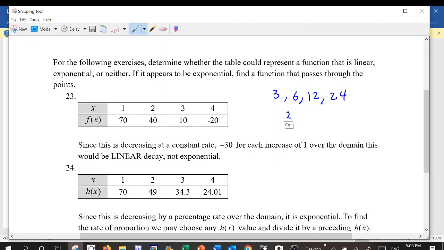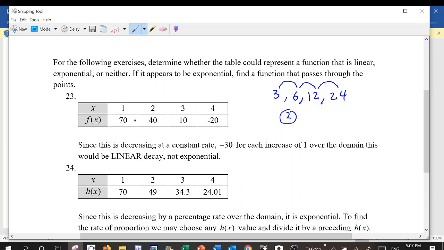To find the number you multiply by, you just divide. 6 divided by 3 is 2. 12 divided by 6 is 2. 24 divided by 12 is 2. If we divide these values and we get the same number, it looks like this is exponential. It could be exponential growth or decay, so this number could be greater than 1 or smaller than 1.